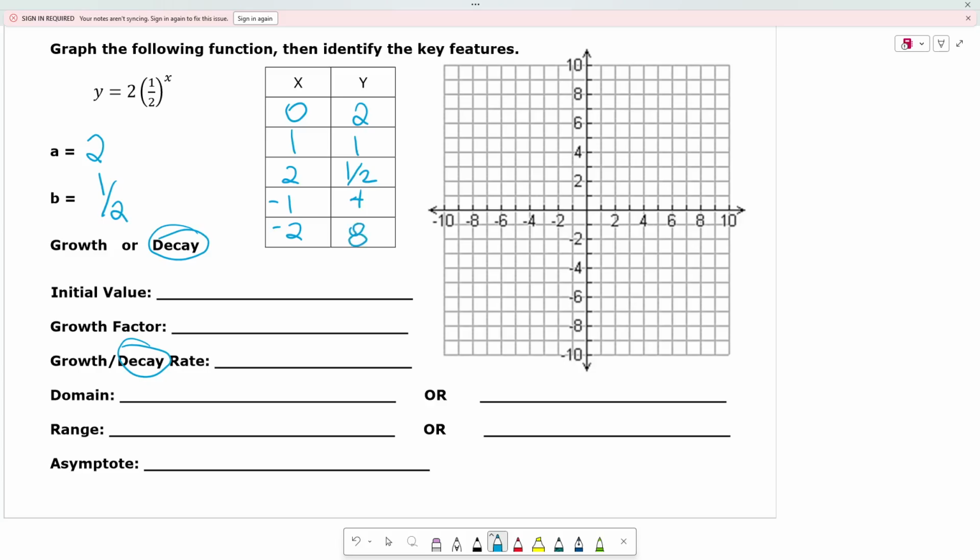So to graph these, I'm at -2, 8, -1, 4, 0, 2, 1, 1, and 2, 1/2. So my graph goes down like this.